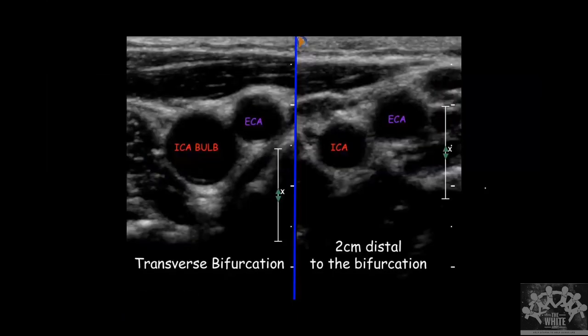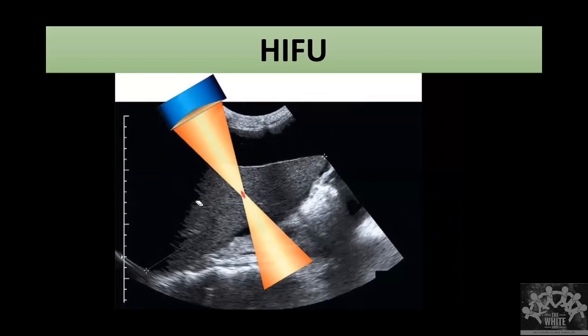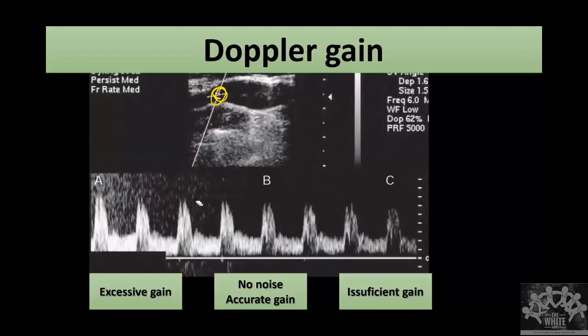This is an M mode image showing the IC and EC. Why is the amplitude reducing? Ayush, where is the amplitude reducing? See, whatever I have put here is the velocity.